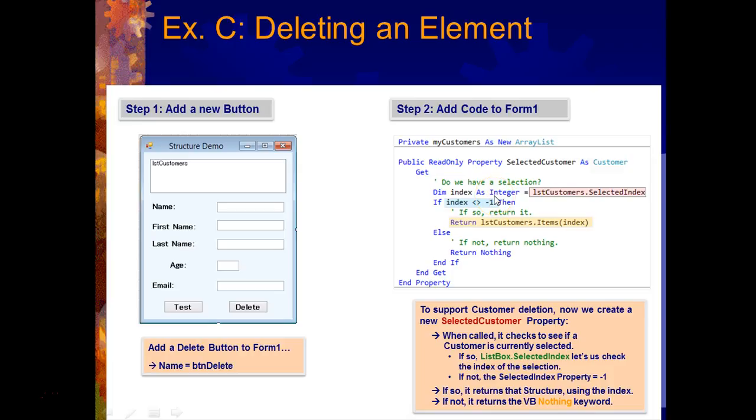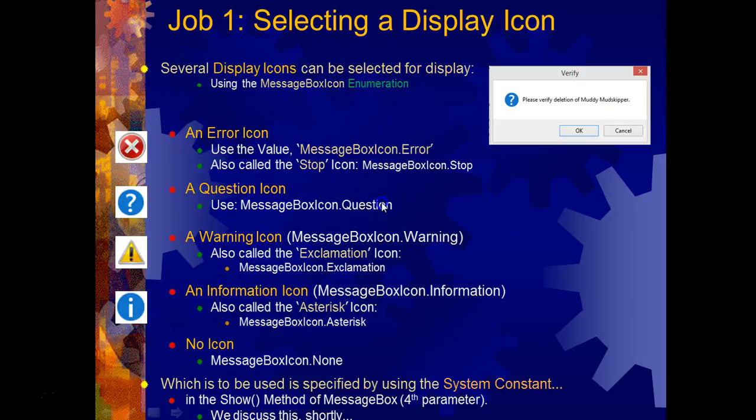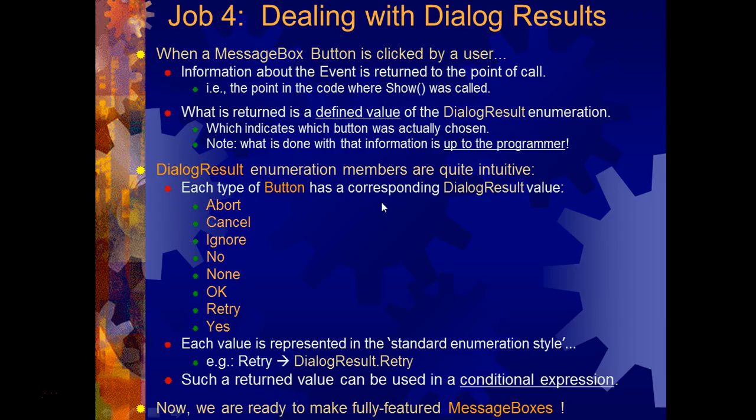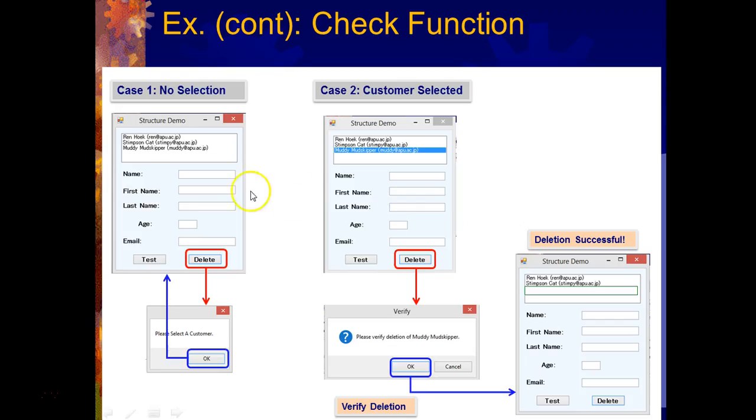And how do we know which entry we want to delete? Well, if nothing is selected, then we don't know which one to delete. In other words, the user has to tell us which one to delete. The way they tell us is by selecting one of them and then pressing the delete button.